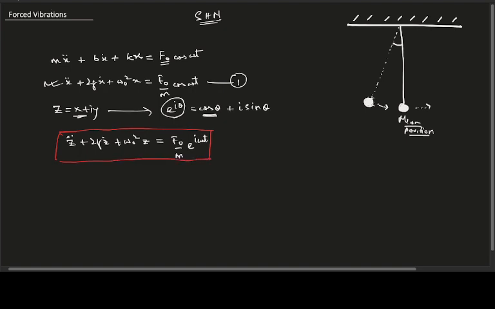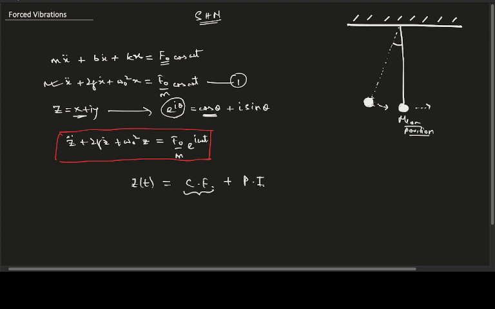Now, why did I change this equation? See, for equations of this type where you don't have a simple 0 on the right hand side, the solution z of t comes in two parts: the complementary function and the particular integral. Now what does this part physically mean? The complementary function, as I told you in the previous video as well, is basically the solution when the right hand side is 0.